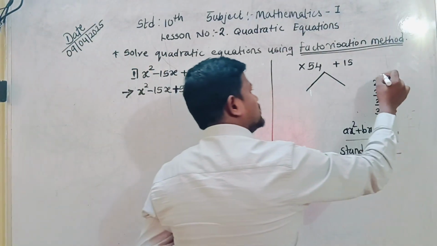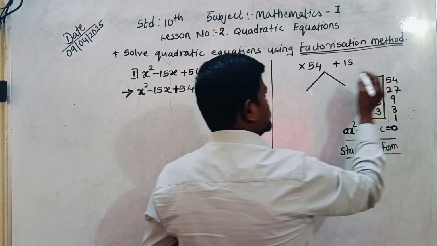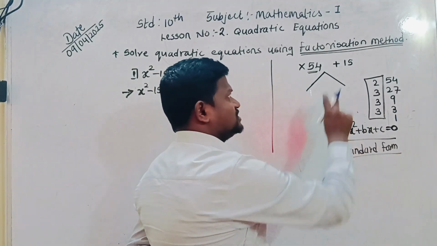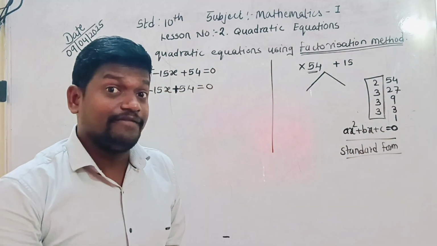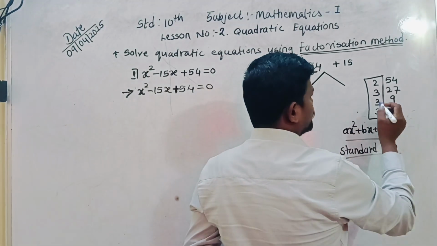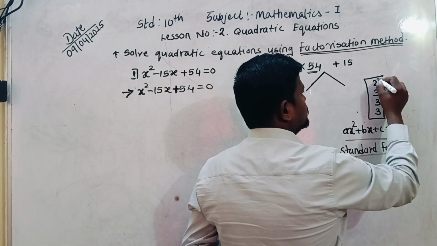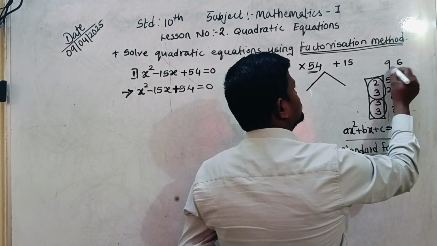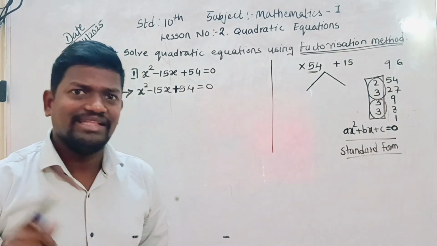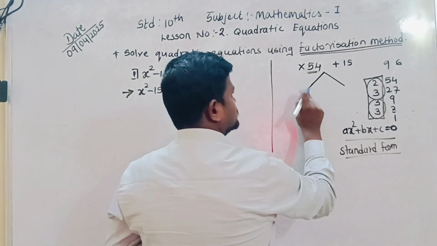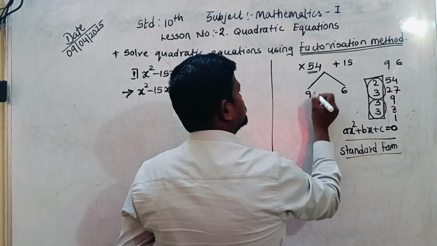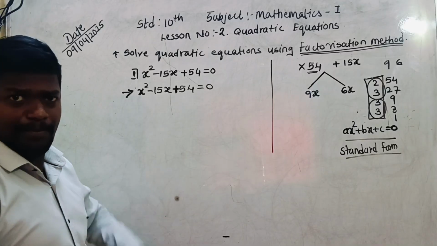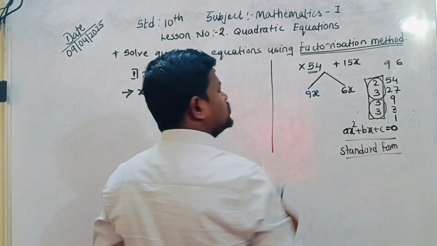So find out among these factors, whose product is 54, which two numbers add up to 15. See, 3 2s are 6 and 3 3s are 9. 9 6s are 54, and when we add 9 and 6 we get 15. See, 9 and 6. Put x for the middle number. See, we get two numbers.